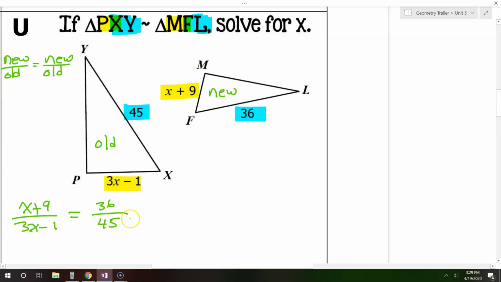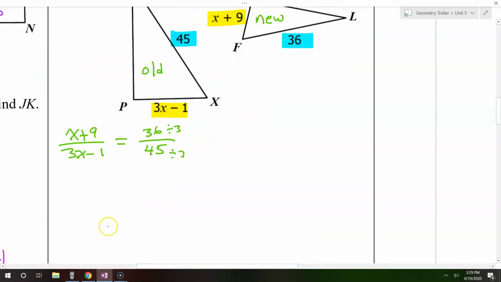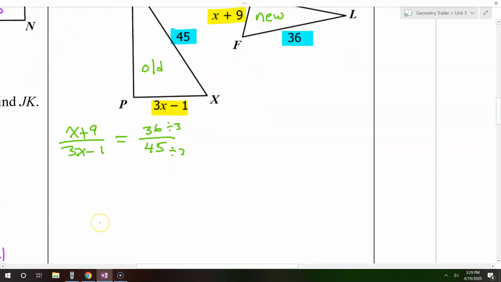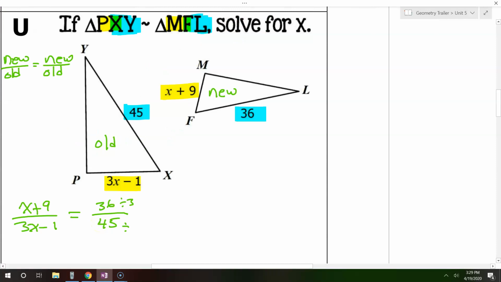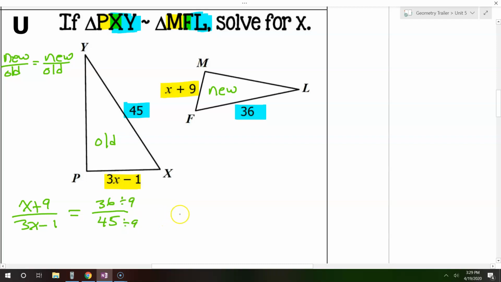Both of these are divisible by 3. So we can definitely reduce this down. In fact, both of these are divisible by 9. So that's what we really want to do. So let's divide by 9 in the top and the bottom.